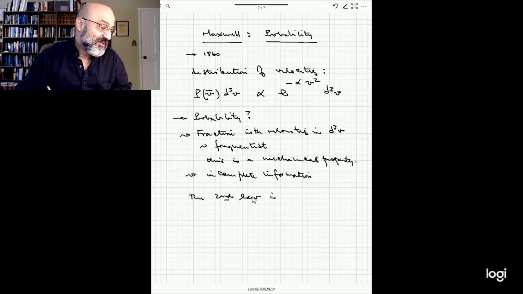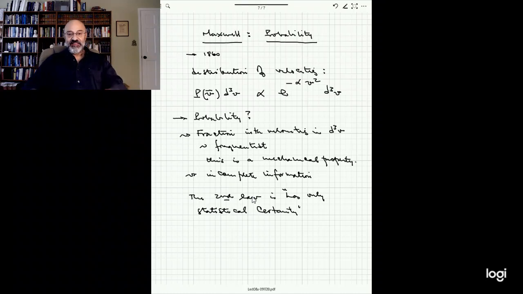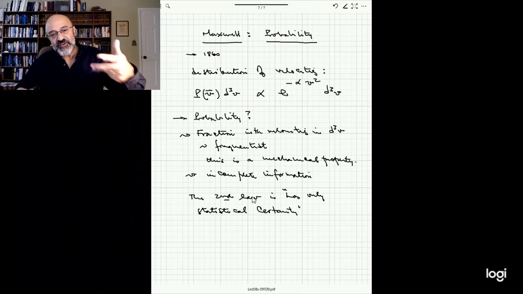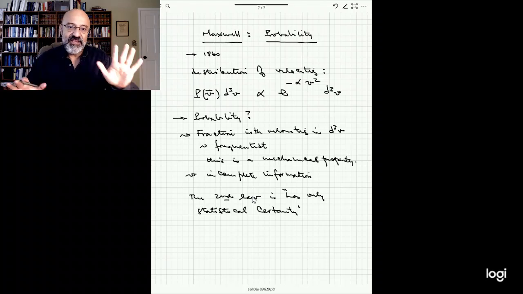It's true in probability, he would say, that has only statistical certainty. That violations of the second law are possible, only extremely unlikely.